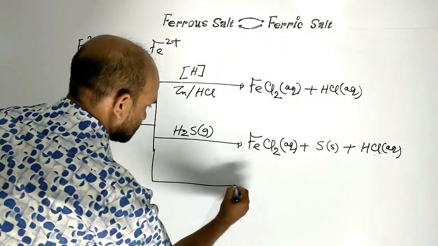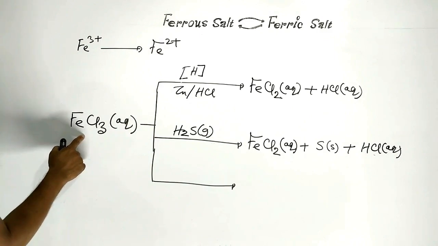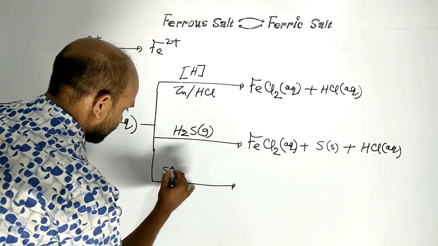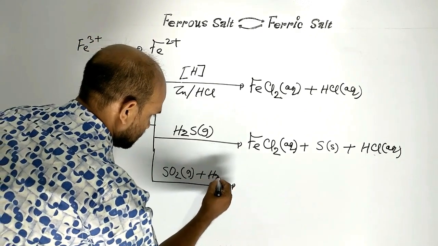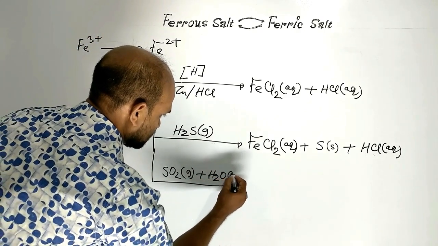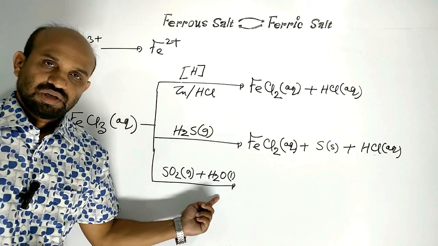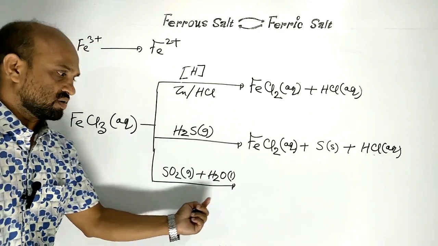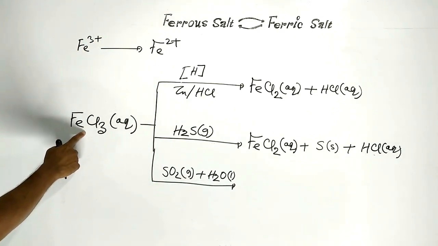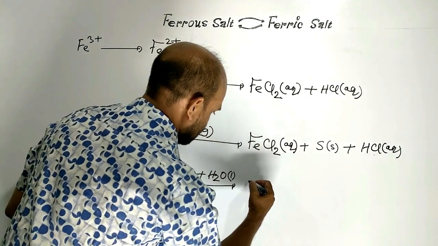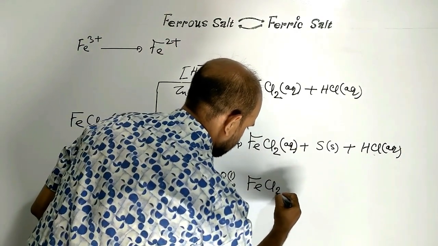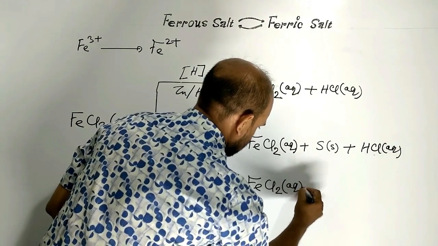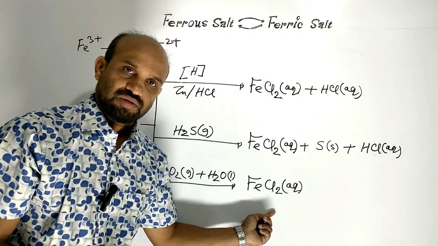Moreover, ferric chloride is treated with sulfur dioxide gas and this reaction completes in presence of water. Then ferric chloride undergoes reduction to form ferrous chloride.